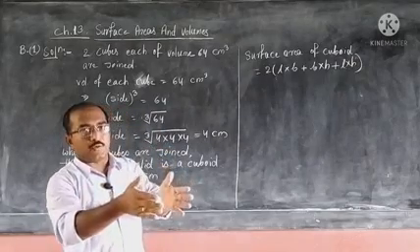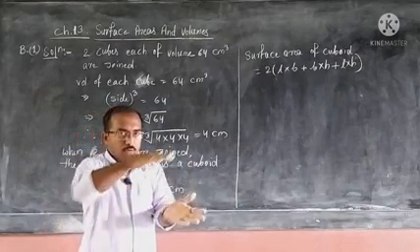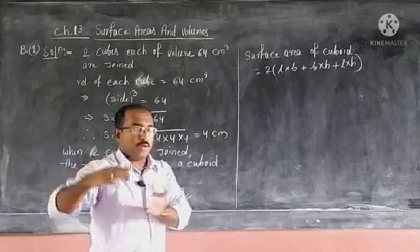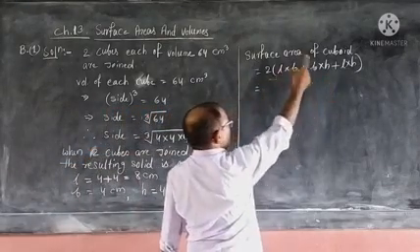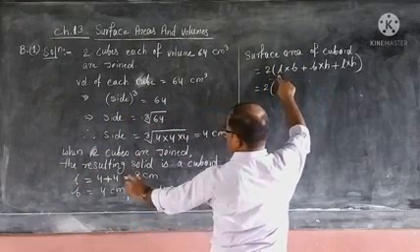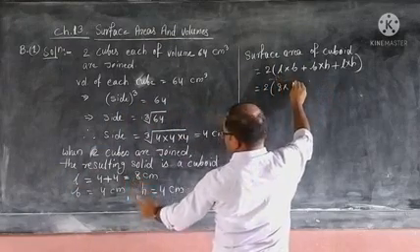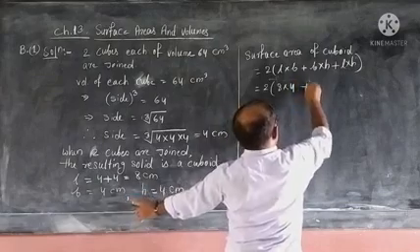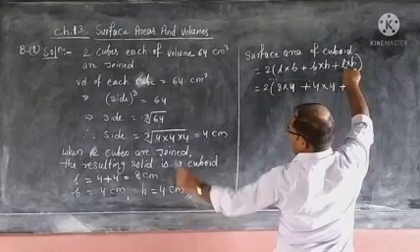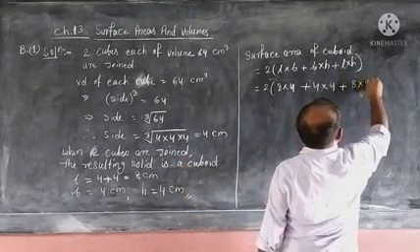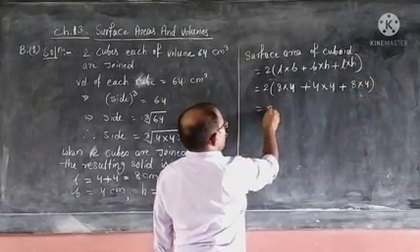It has 2 equal lengths, 2 equal breadths, and also height. That is what we calculate, the total surface area of the cuboid. Length 8 into breadth 4, plus breadth 4 into height 4, plus length 8 into height 4. Now only calculation remains.